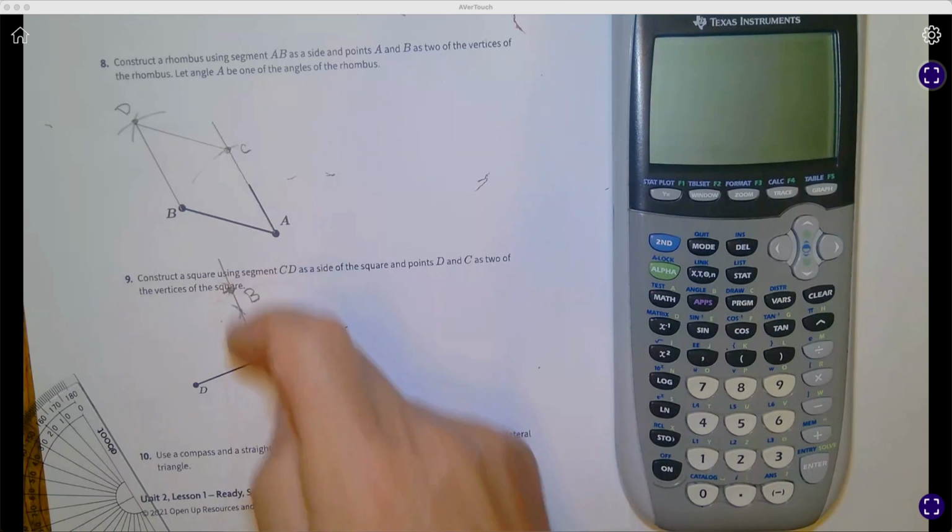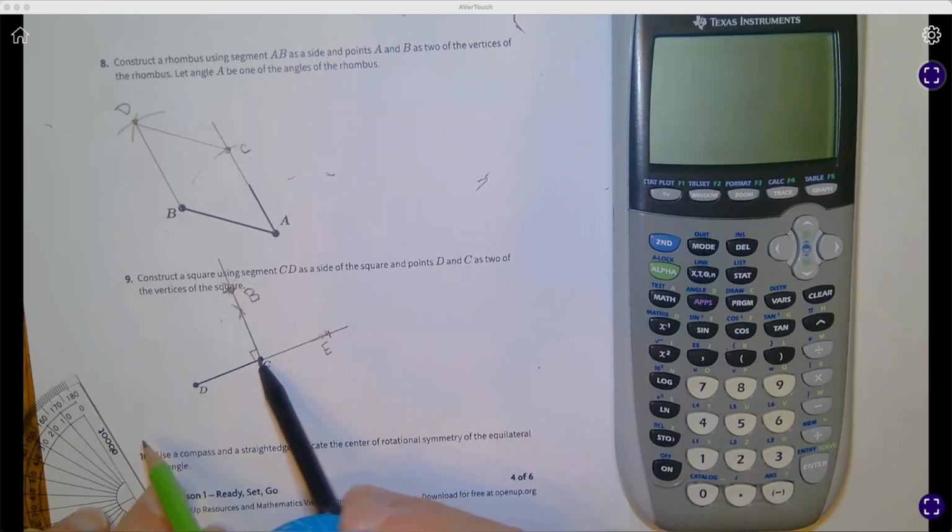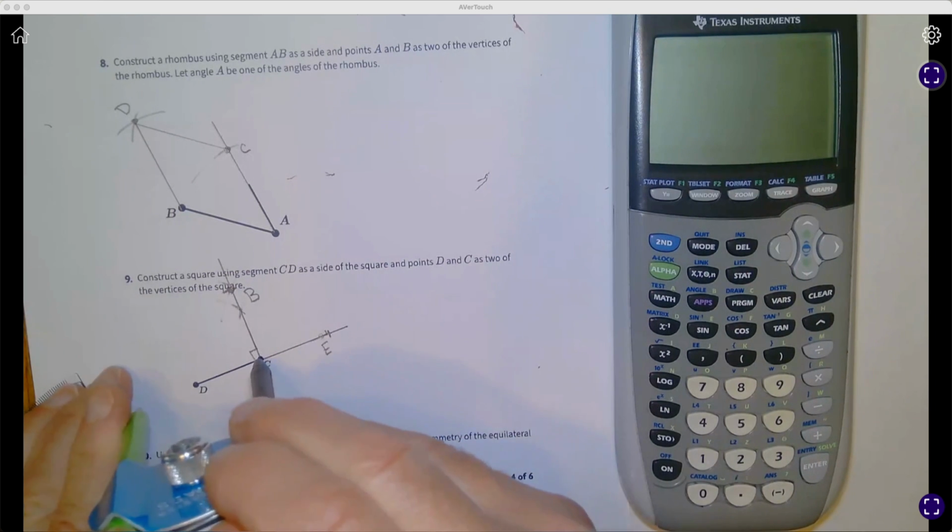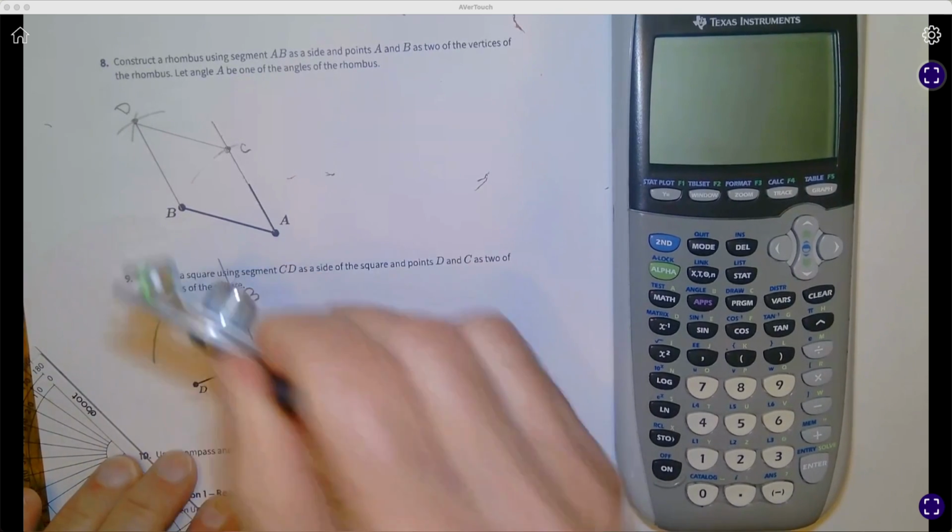So what I'm going to do is bisect angle BCD. So I'm going to go here, and I'm going to make a bisector. Boom.